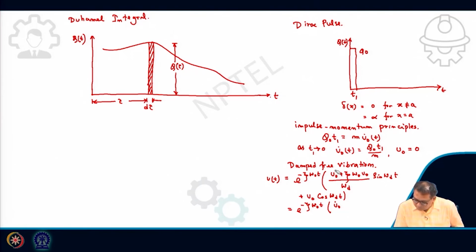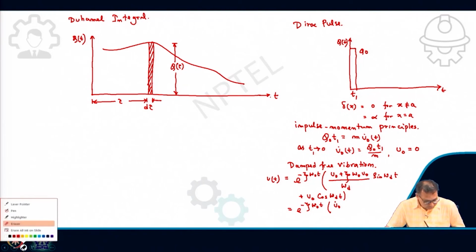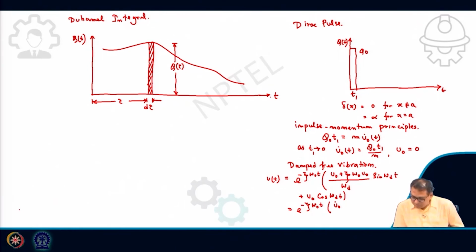So this is not bar. So this will be u dot, so this will be u dot 0 by omega d into sine omega d t. The other part will be 0 as u0 equal to 0.